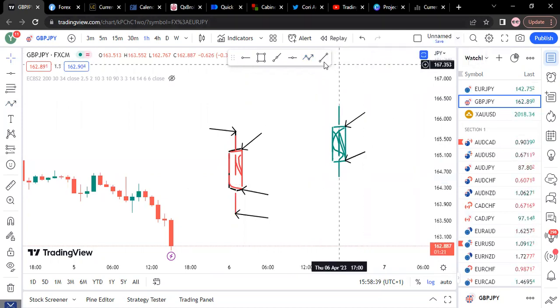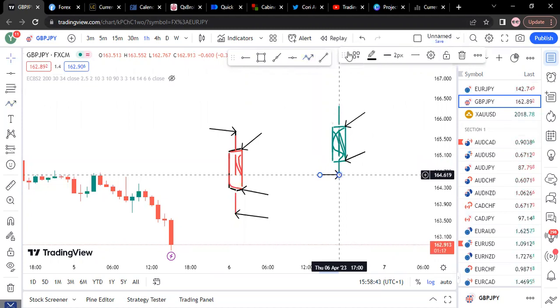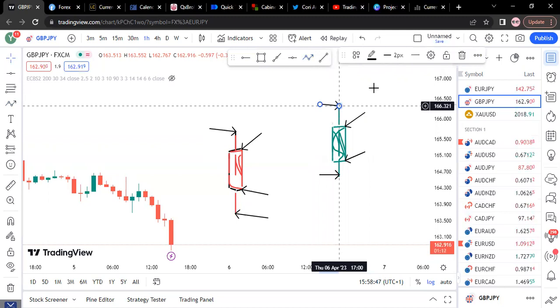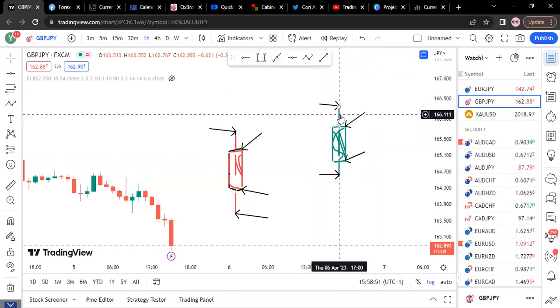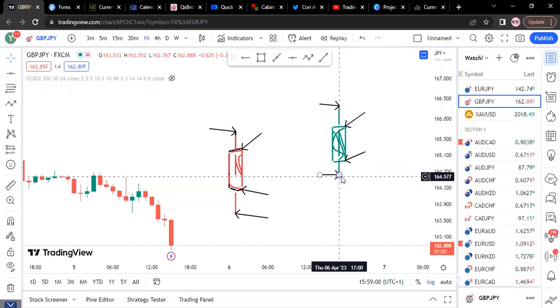So this is the wick of this candle. And then this is also the wick of this candle. You know what this means? It means that this particular market actually opened here, but sellers took it down to this level. And when we got to this level, buyers came with their momentum.